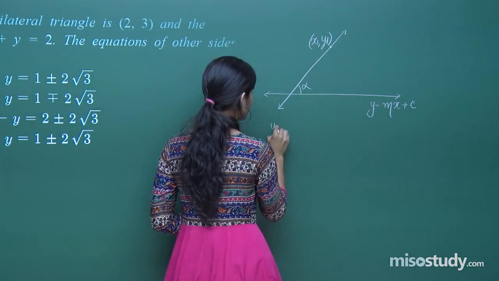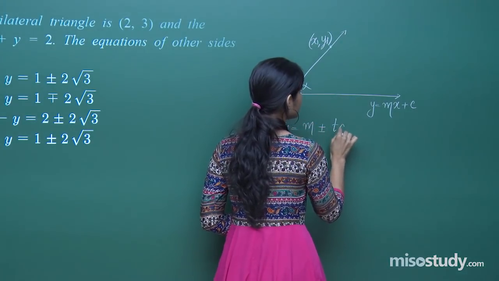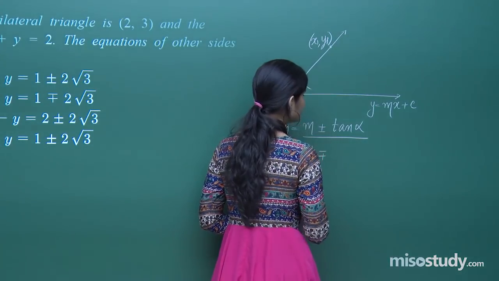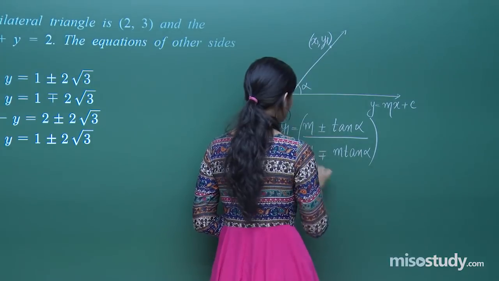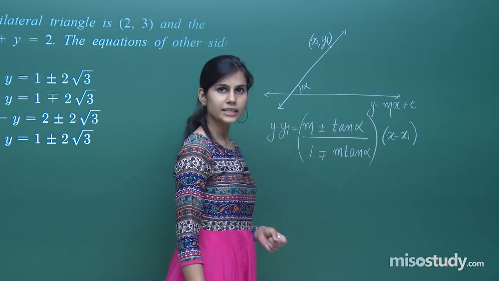It is given by y minus y1 equals (m plus minus tan alpha) whole upon (1 minus plus m tan alpha) into (x minus x1), right.